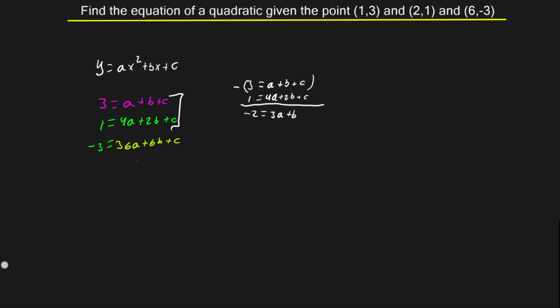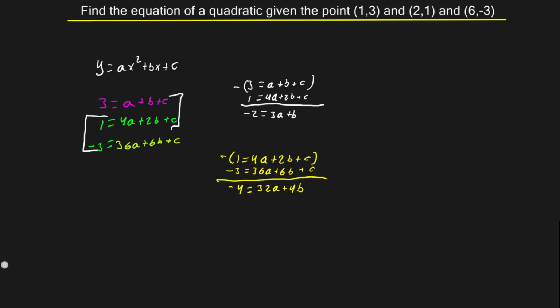And now we want to go ahead and use equations 2 and 3, which will give us 1 is equal to 4a plus 2b plus c, and -3 is equal to 36a plus 6b plus c. We're just going to multiply the top one again by negative, and we're going to get -4 is equal to 32a plus 4b.